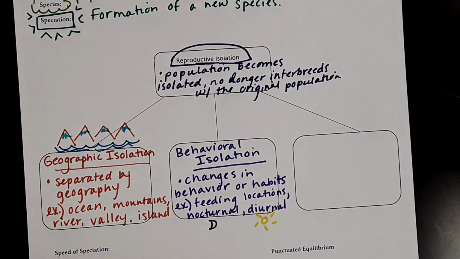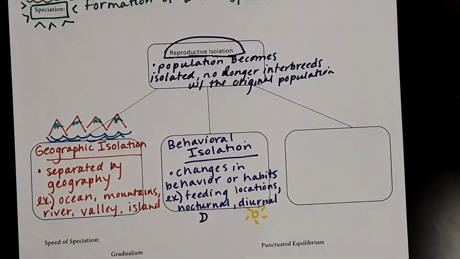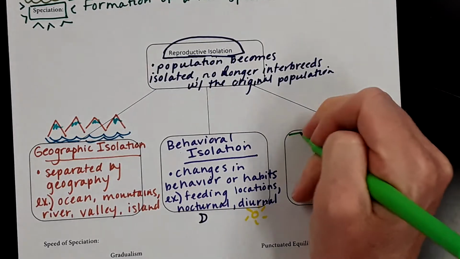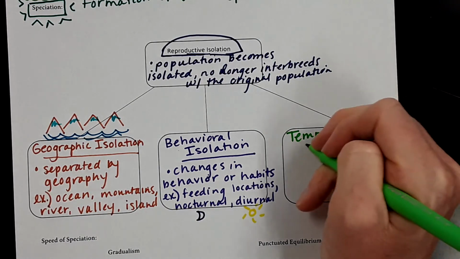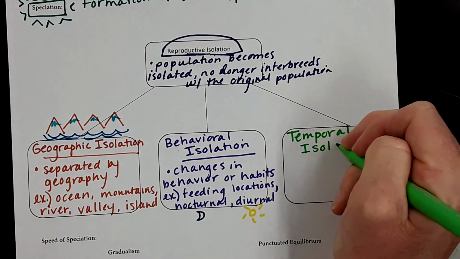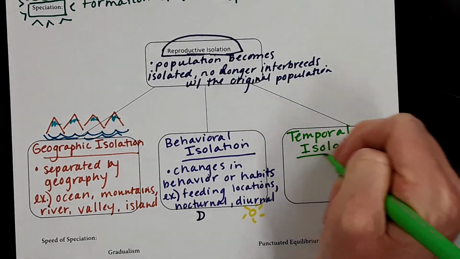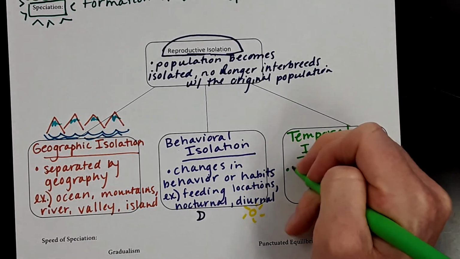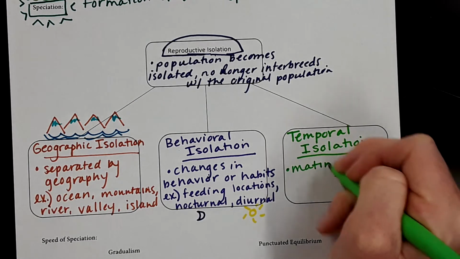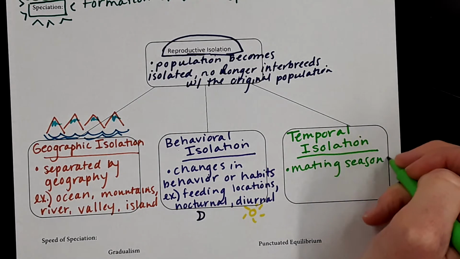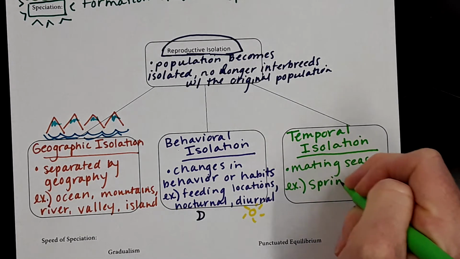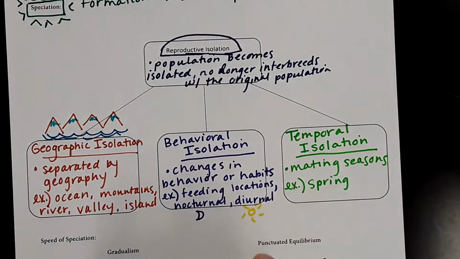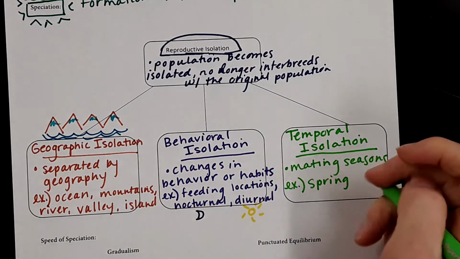Okay, so that's behavioral isolation. The last one on here is what we refer to as temporal isolation. A group becomes reproductively isolated by temporal isolation. Temporal isolation means that you might have different mating seasons. For example, in a group of fish, maybe some of the fish release their eggs in the spring and the others release their eggs in the fall.